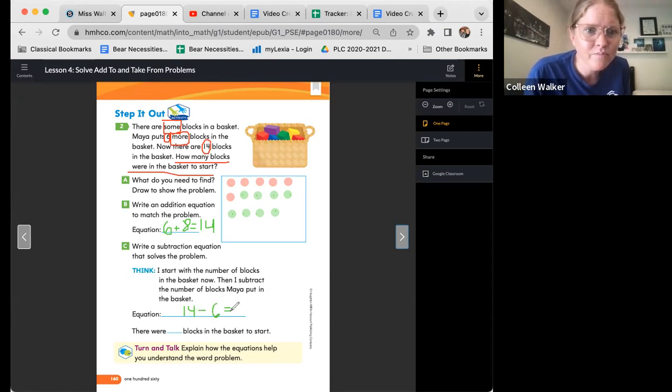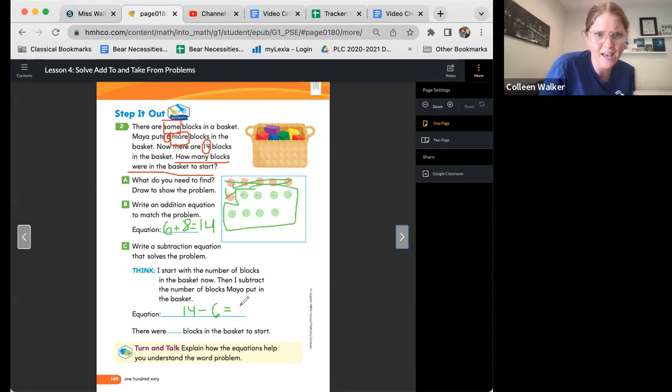So if we started with 14 and we took away 6, if we cross out these red ones, how many did we have left? Yes, there were 8. So we figured out how many she started with, right? Because it was a start unknown problem. So she started with 8, she put 6 more in, and then she had 14. Awesome. So there were 8 blocks in the basket to start.